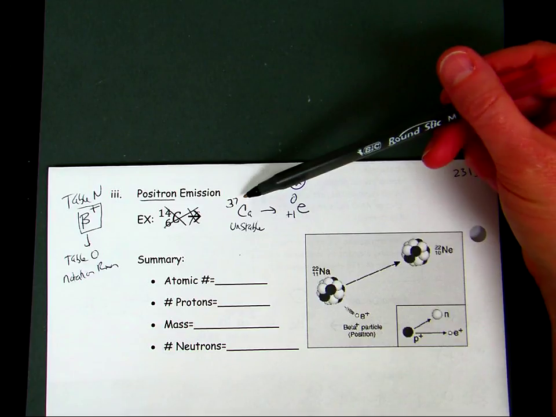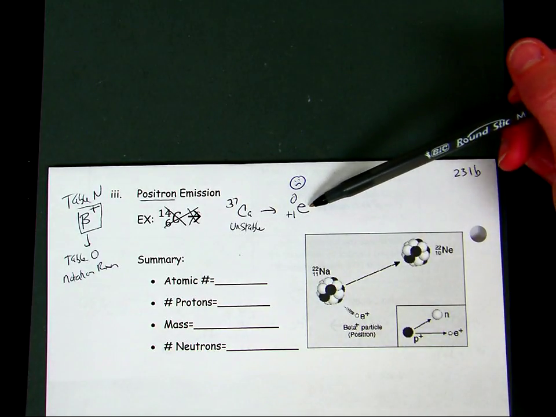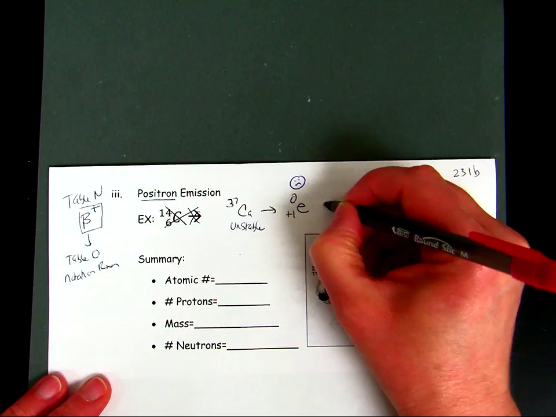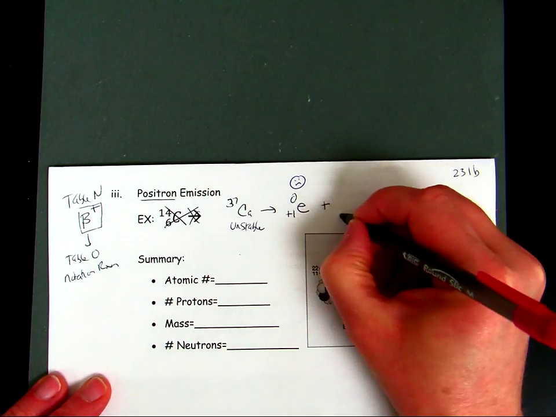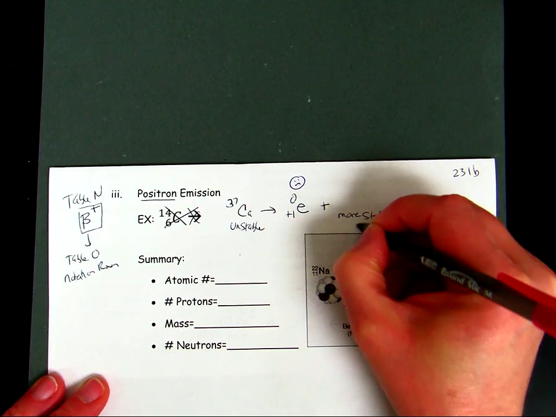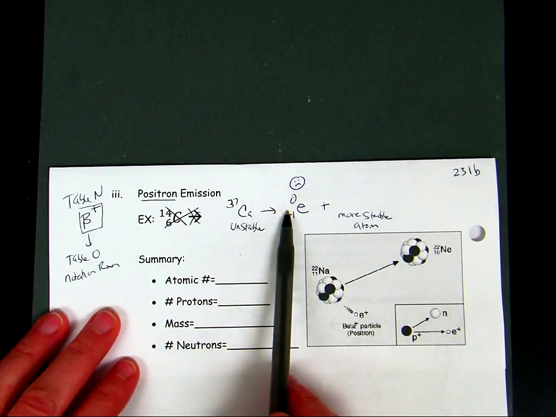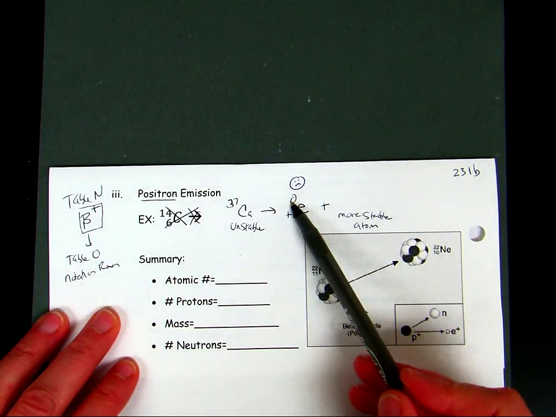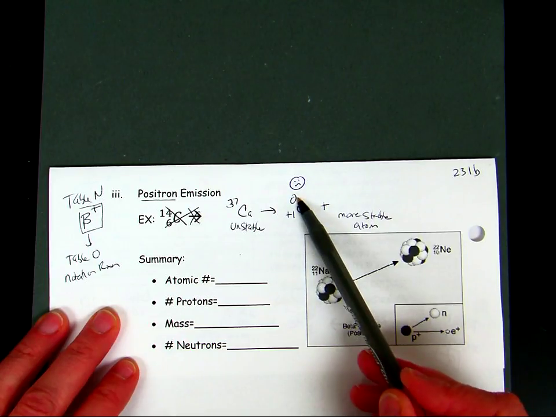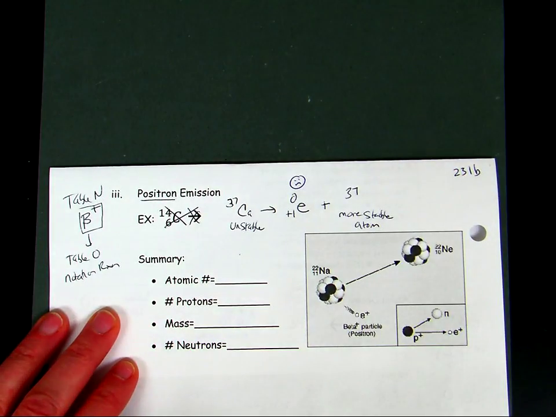So when the calcium 37 decays and it spits out and gets rid of this positron, we have to figure out what is the new, more stable atom that is formed. Well, we're going to use the same technique. The positron takes 0 mass with it, so the more stable structure has a mass of 37.